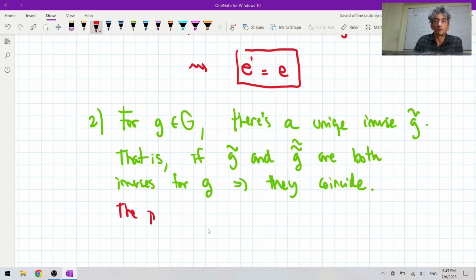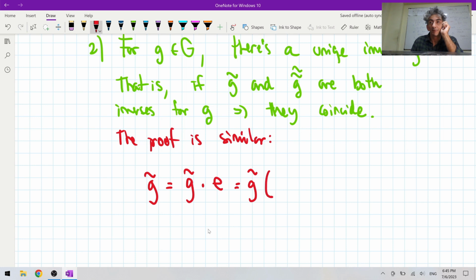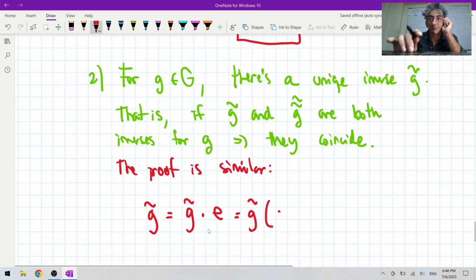And the proof is also kind of similar. We need to show that these two elements are the same. So we can express G tilde as G tilde times E, the identity. And now we can express the identity as G star G tilde tilde. I have written times, but we can read it as star.